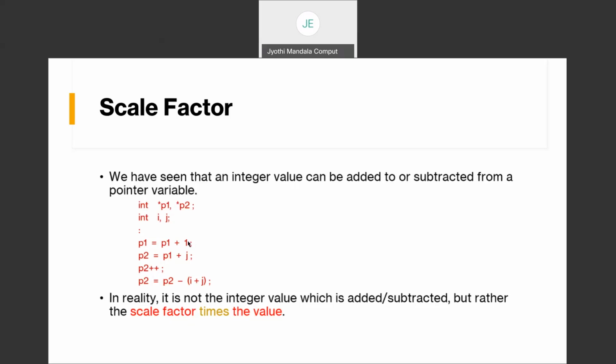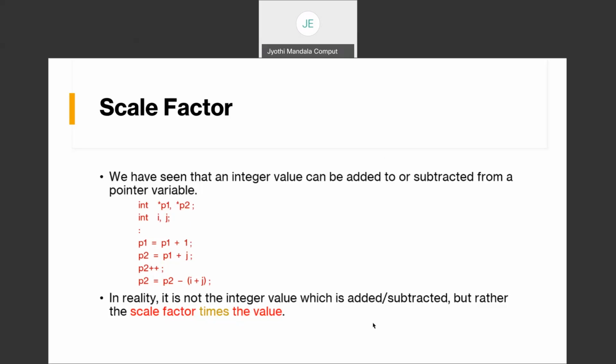So 1 will internally be multiplied with 2, and we will get the value 2, and that 2 will be added to P1. Suppose the j value is 3, so P1 plus 3: 2 will again be multiplied, 3 into 2 is 6, and that 6 will be added to P1. So whatever value you are multiplying with this number is called a scale factor.